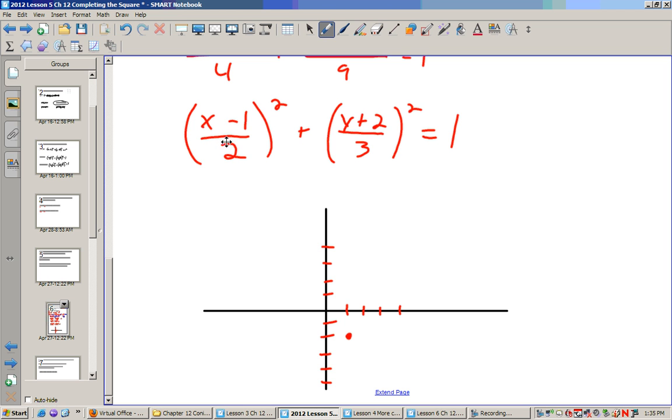Now, this moves 2 to the left, so 1, 2. 2 to the right, 1, 2. Up 3 and down 3, 1, 2, 3, 1, 2, 3. And now we have our 4 vertices, and so now I can draw my ellipse. Alright, there's my ellipse.